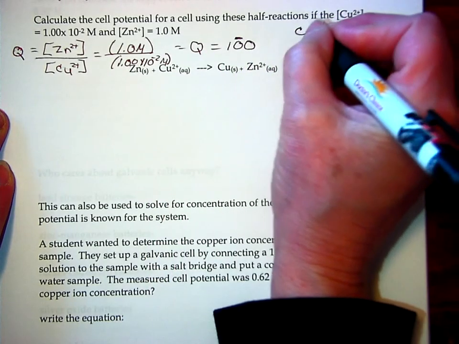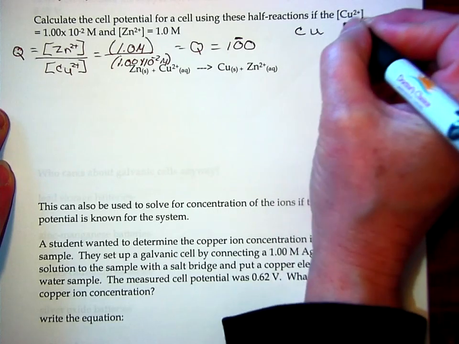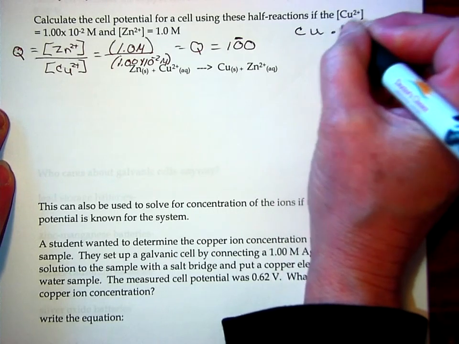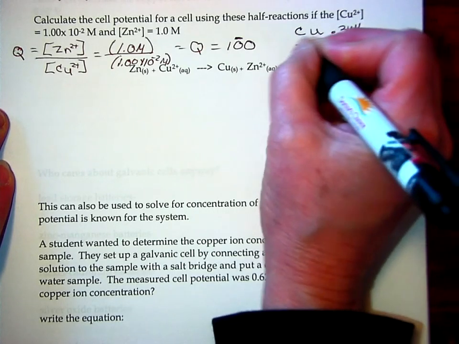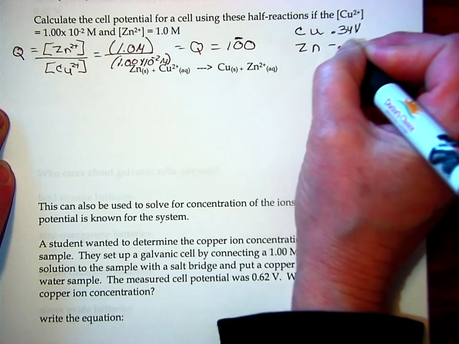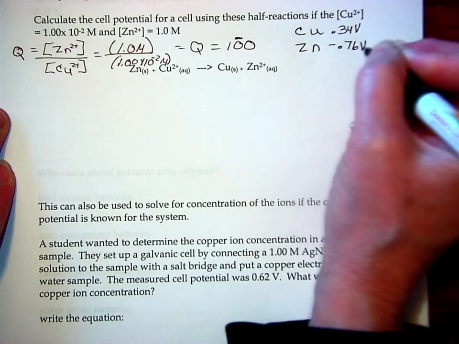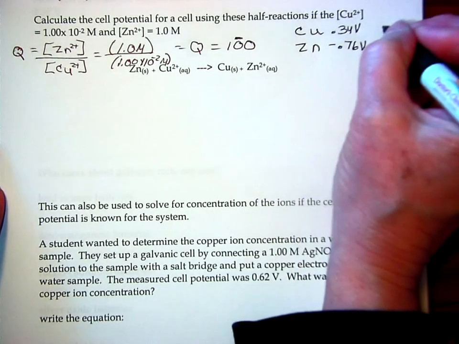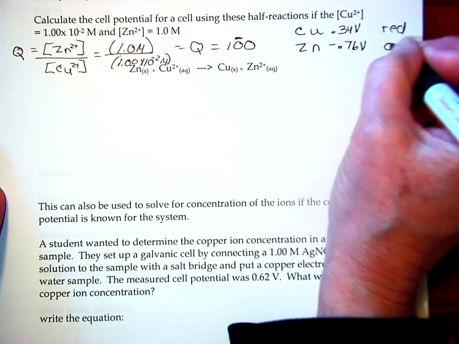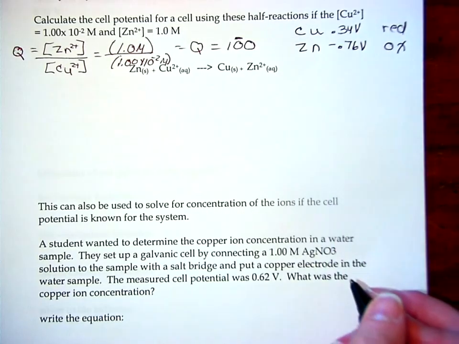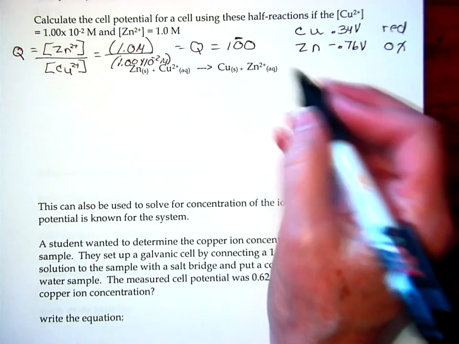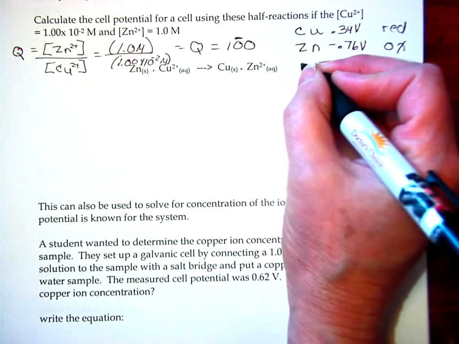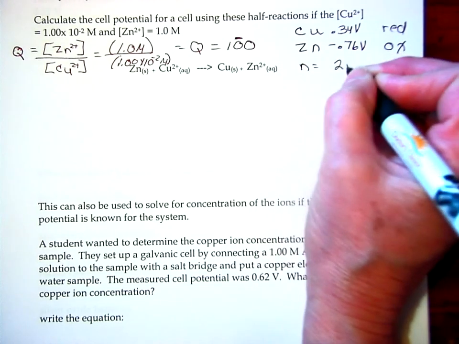If I look up my two half reactions, the copper reduction potential is 0.34 volts, and the zinc is negative 0.76 volts. That tells me that the copper will be the reduction half, and the zinc will be the oxidation half. And if I look at this, since I have a 2 plus charge on each, my N is equal to 2 moles of electrons.